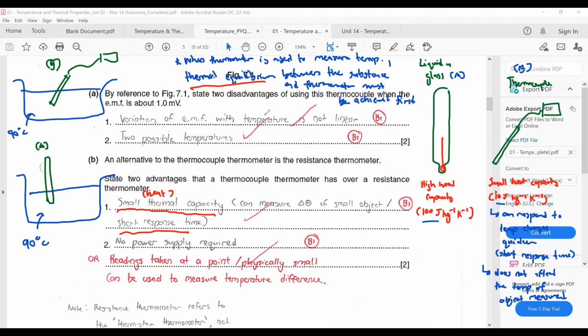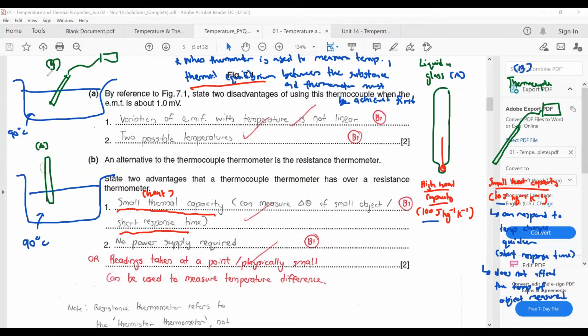Okay. So when you want to wait for something to reach thermal equilibrium, I mentioned to you that before you reach thermal equilibrium, heat energy will still transfer, right? Now, because heat energy will still transfer before you reach thermal equilibrium, the heat capacity of your thermometer itself would actually be a factor in the temperature of the object being measured.